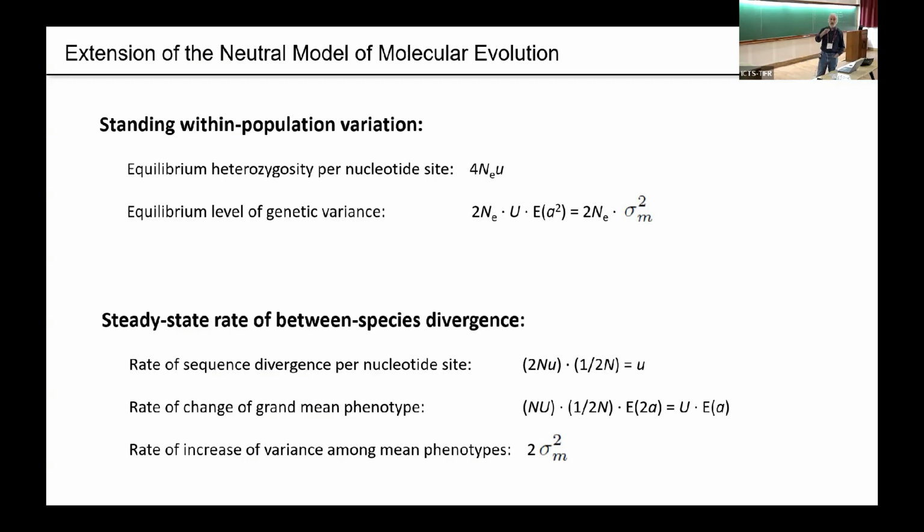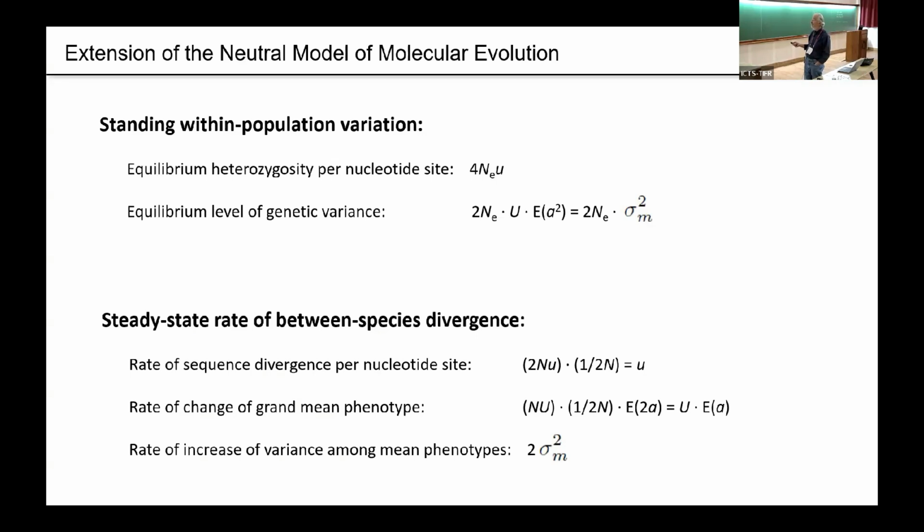This gets back to the question of the directional change in the mean. You can do the same thing for quantitative traits. Now, this is our rate of input of mutations. Again, the big U is at the diploid level, so that's twice the haploid rate. So that's this summed over all sites. That's still the probability of fixation of a new mutation.